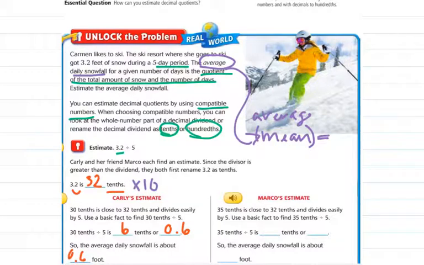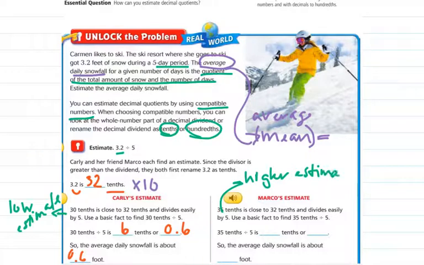Now, Marco's estimate is on the other side of this page. This estimate here, 30, was a little low, so I'm going to put down that it was a low estimate. And we're going to see that the estimate here is a little bit higher, so we're going to call this the higher estimate. This is something that we've practiced before with whole numbers, so I think it'll be something you can remind yourself of.